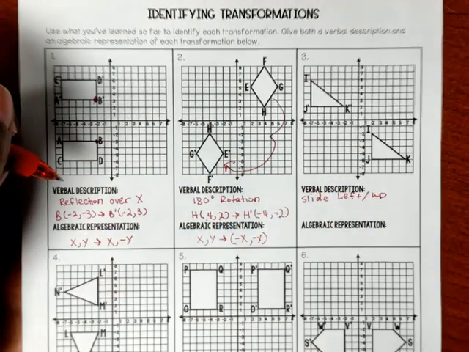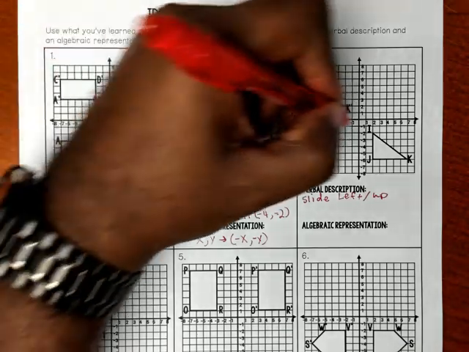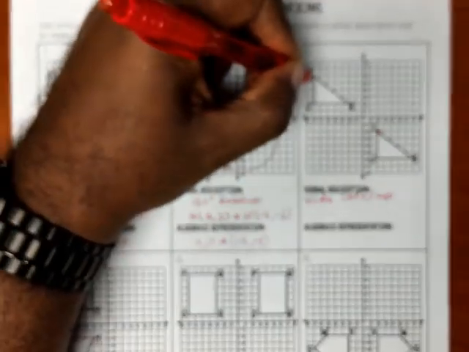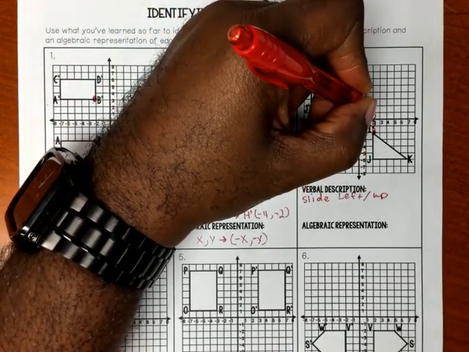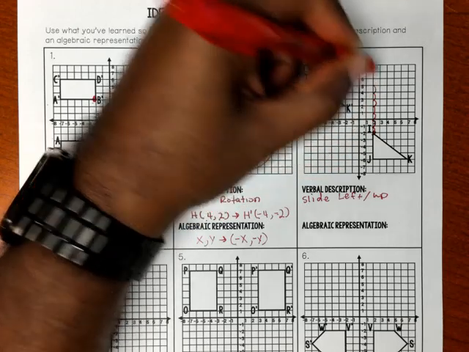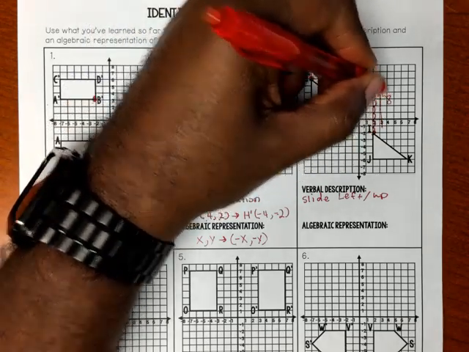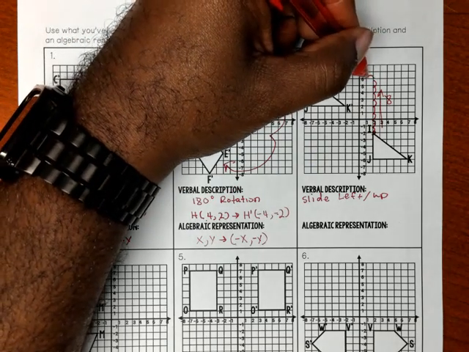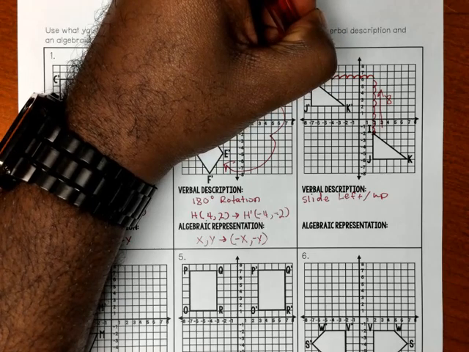Okay, so we're going to figure out how much left and up by picking a point. I could count on the grid by starting at I, ending at I prime. So we're going to count 1, 2, 3, 4, 5, 6, 7, 8. So we went up 8, and then we went across 1, 2, 3, 4, 5, 6, 7, 8, 9.